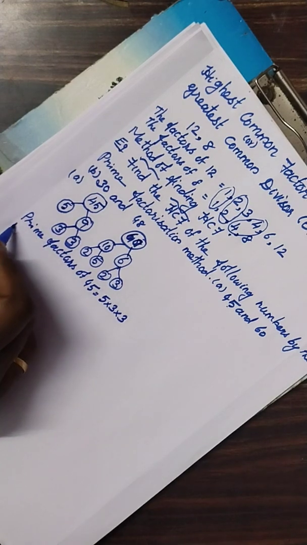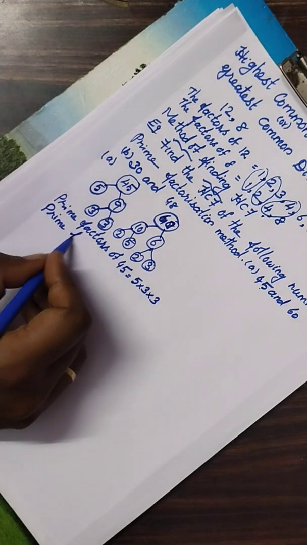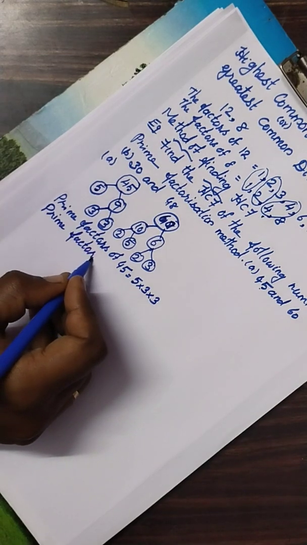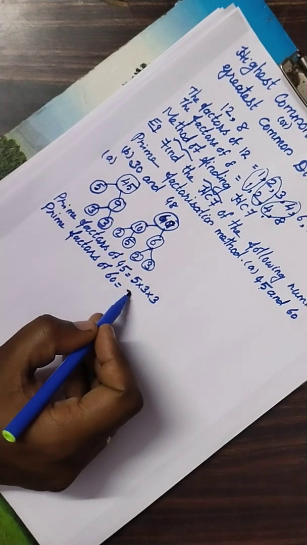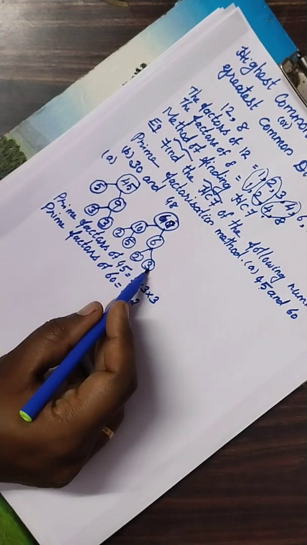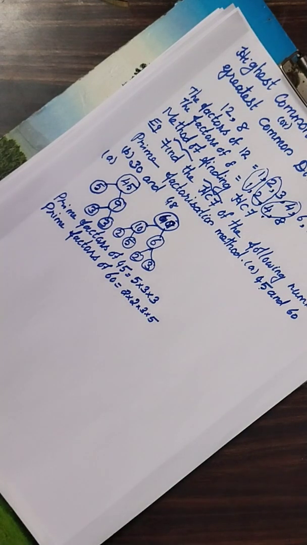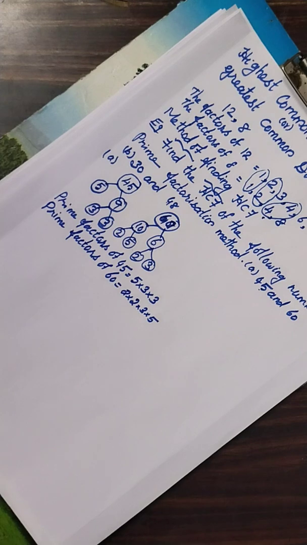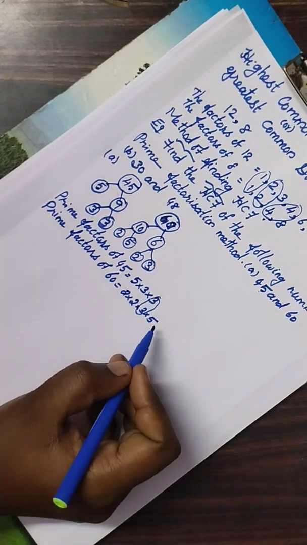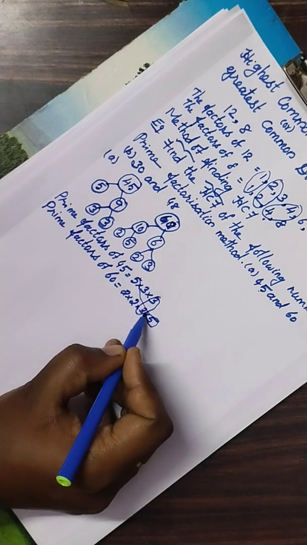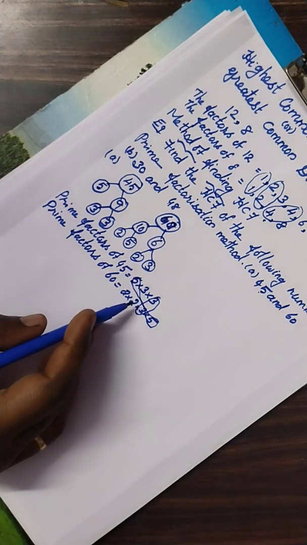The prime factors of 60 is equal to 2 into 2 into 3 into 5. Then next find the common prime factors. Here 3 is common, and 5 is also common. The common prime factors are 3 and 5.